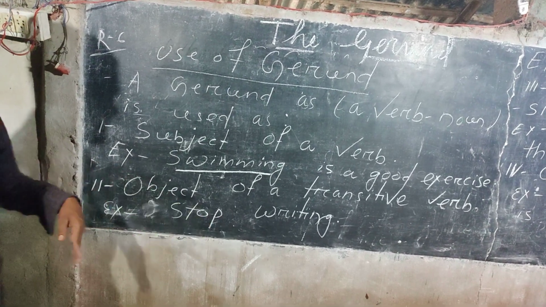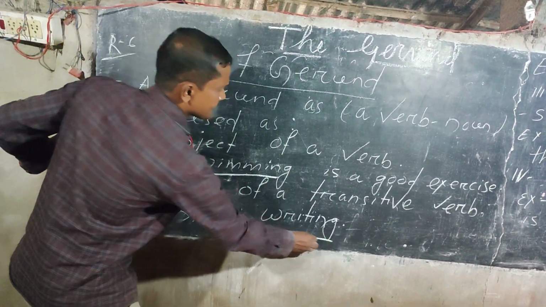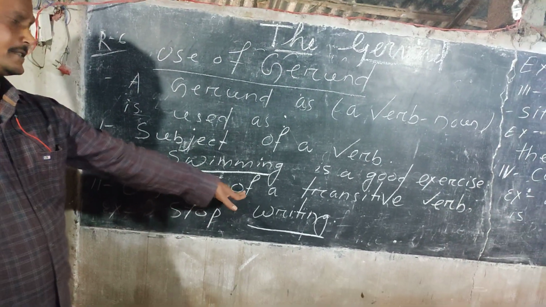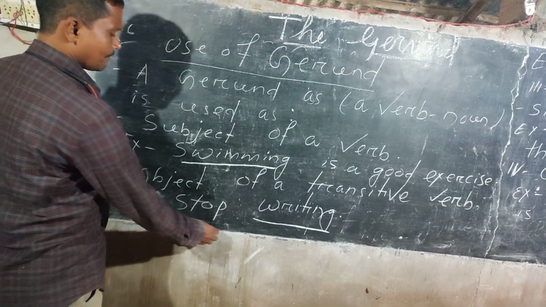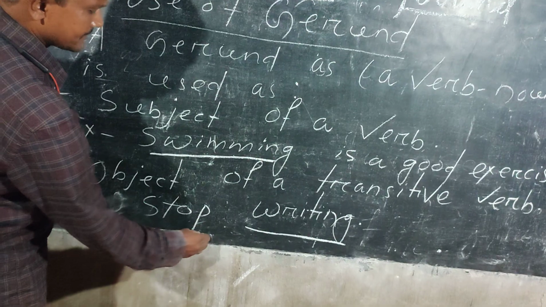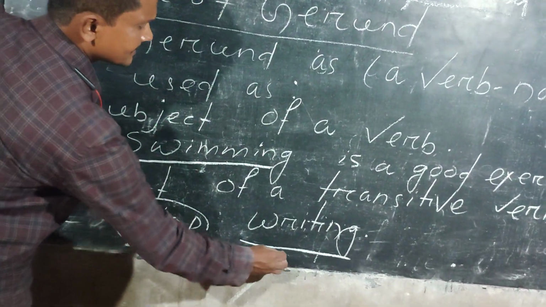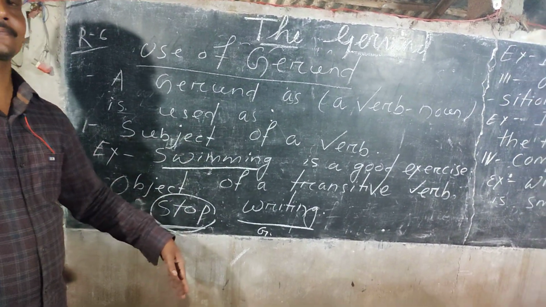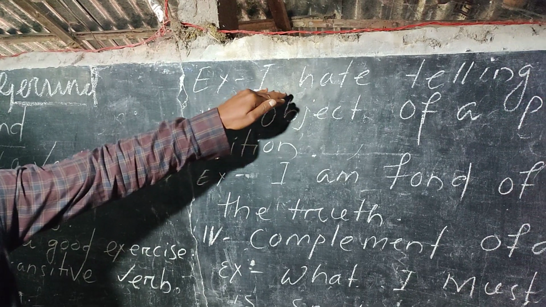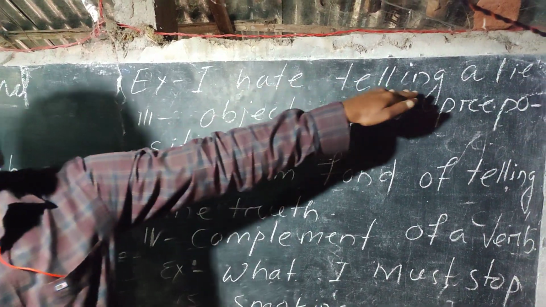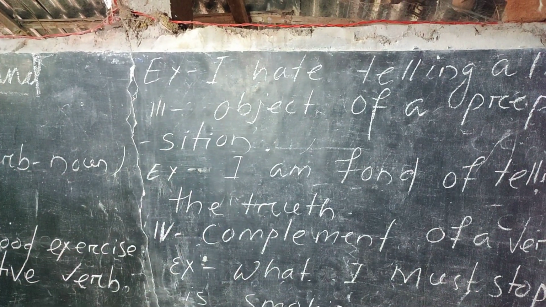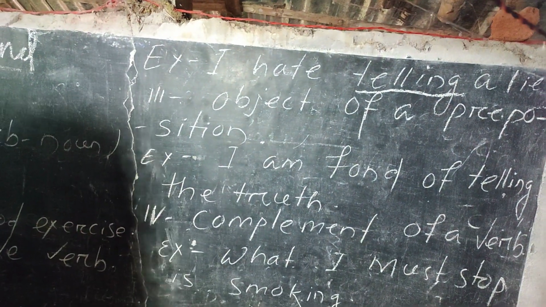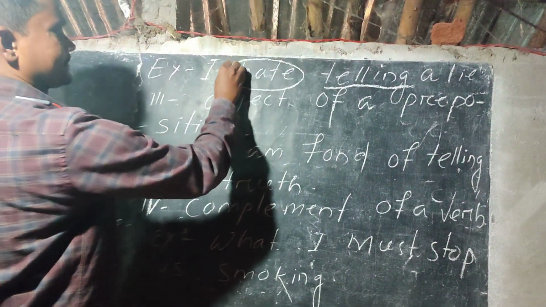Example, stop writing, and here writing is the gerund, and it is used as the object of a transitive verb, and here the transitive verb is stop. You can see another example. I hate telling a lie, and here also the gerund telling is used as the object of the transitive verb, that is hate.